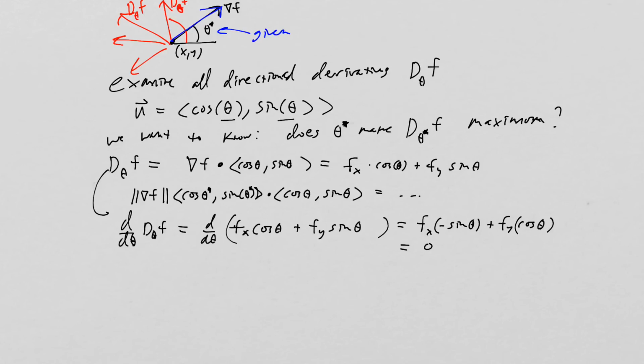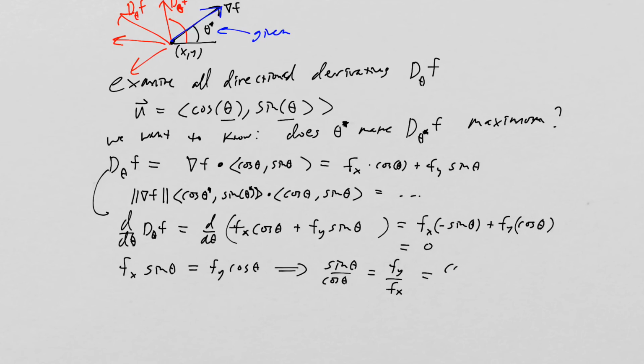Well, there are our two terms. And now, of course, we set it to 0 and try to find that critical point. We get fx times sine theta is equal to fy times cosine theta. We can change things around even more and say that sine theta over cosine theta is equal to fy over fx.